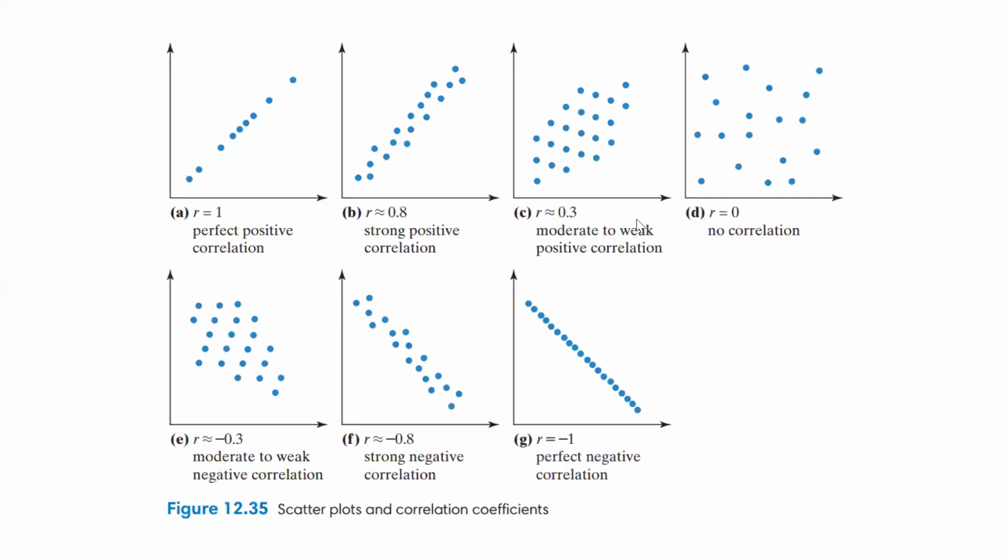That's the case here. If we start here and increase, say, the age, it looks like the blood pressure is going down. That's just an example since we already had that one, and so it's negative correlation. All three of these are negative correlations.